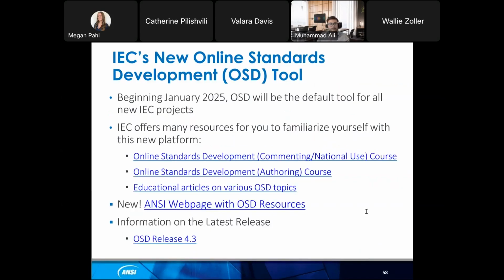So before I provide that update on technical positions and contributions, just an update for you that beginning of January 2025, beginning of this year, the online standards development tool is the default tool for all new IEC projects.